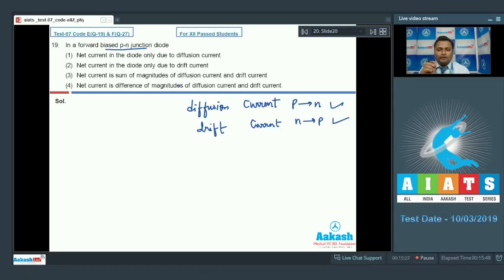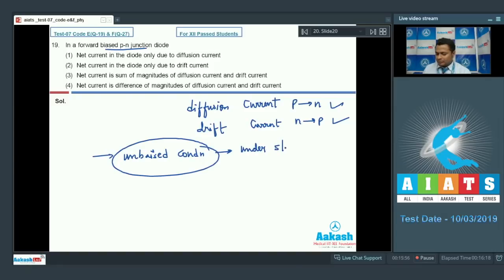So we can write, unbiased condition under the steady state, magnitude of diffusion current equals magnitude of drift current, and they are also opposite. Therefore, I net will be 0.